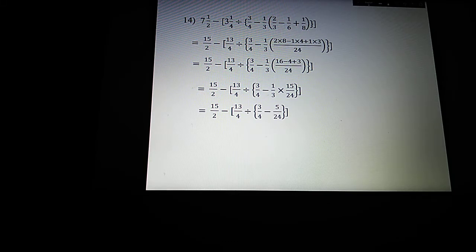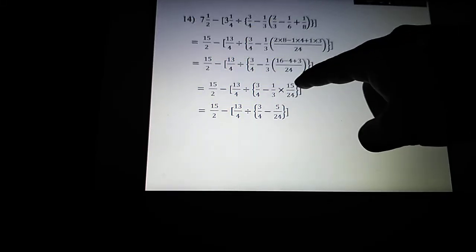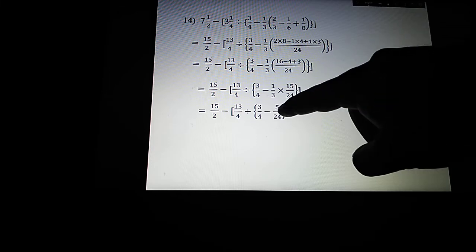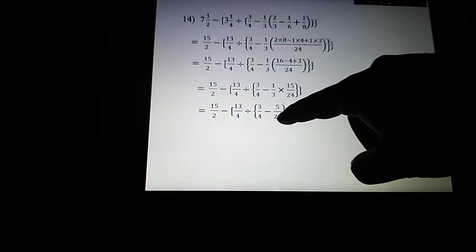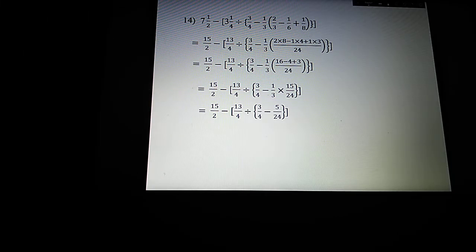Now next line, 3 5s are 15. So that means in the numerator there is 5 and in the denominator there is 24. I am not discussing the rest because the rest remains constant each time. The beauty of this problem is that the solution goes gradually. It proceeds gradually, and that's why it is a very interesting sum.